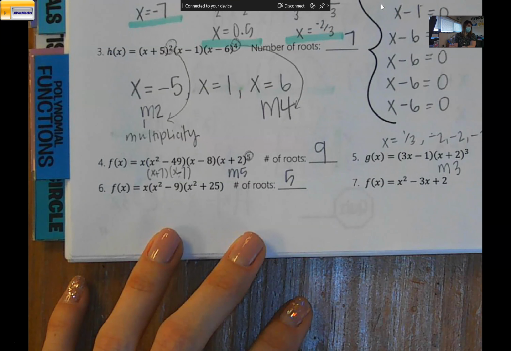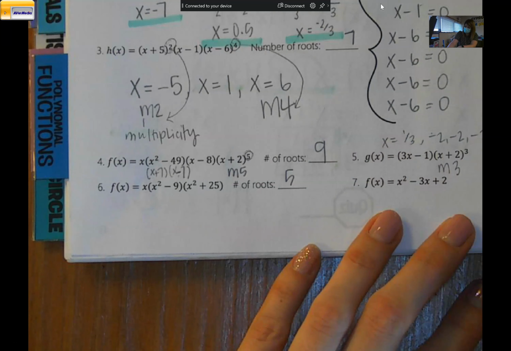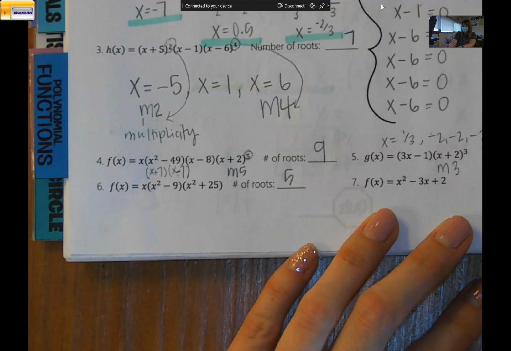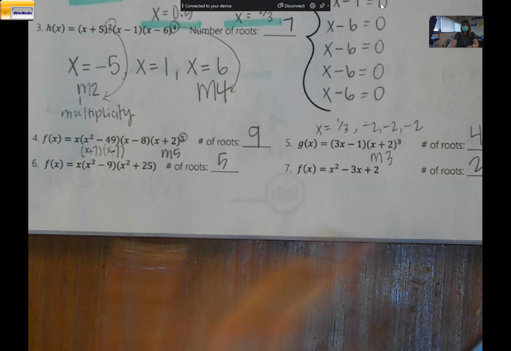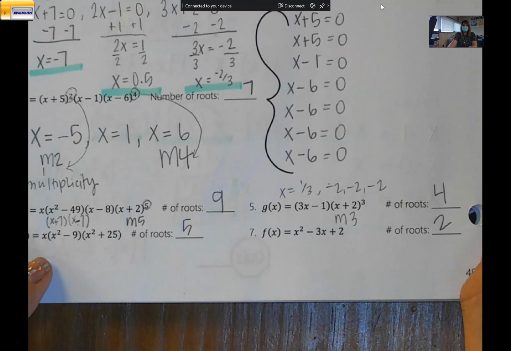What'd you get? Okay. Number 7 is 2 roots, no multiplicities. How'd you guys do? Did you do okay?